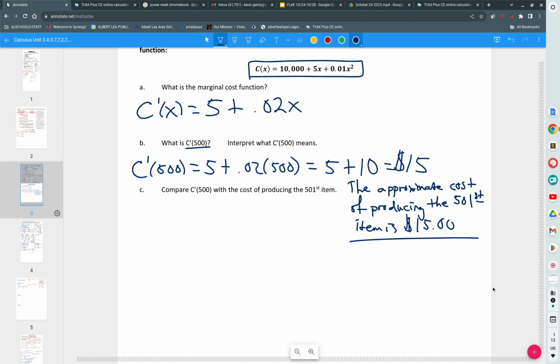And the reason why we say it's approximate is because you're jumping from 500 to 501. You can't produce a tenth of a shoe or a hundredth of a shoe.